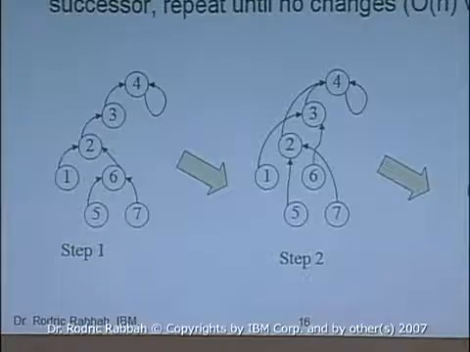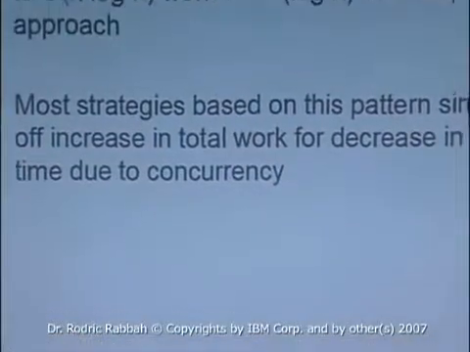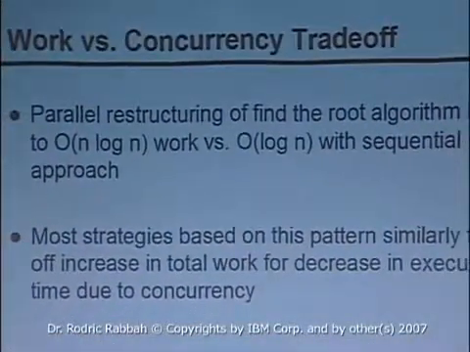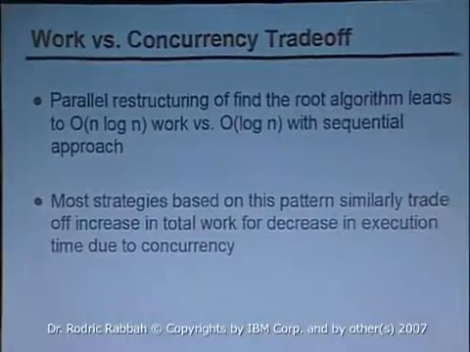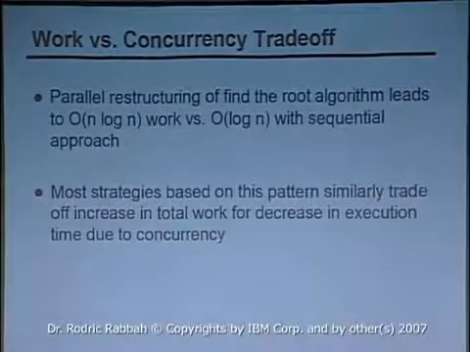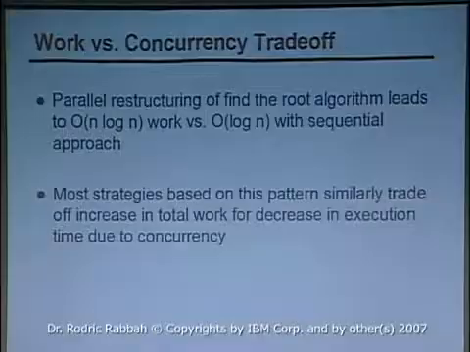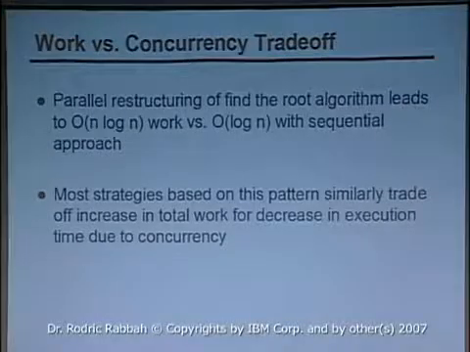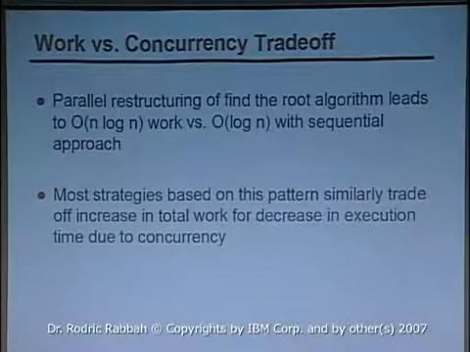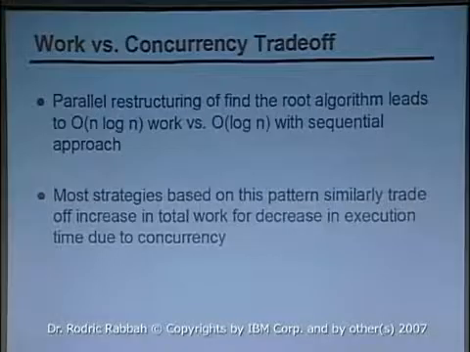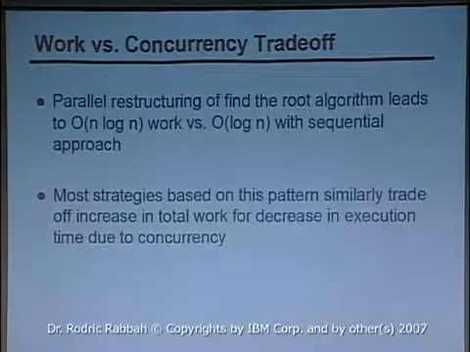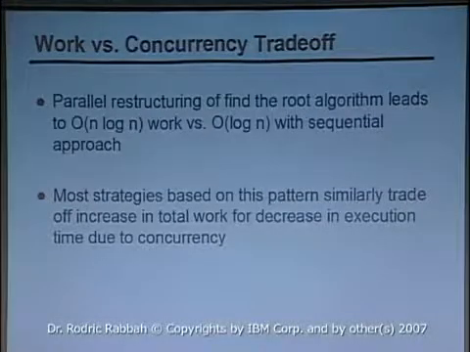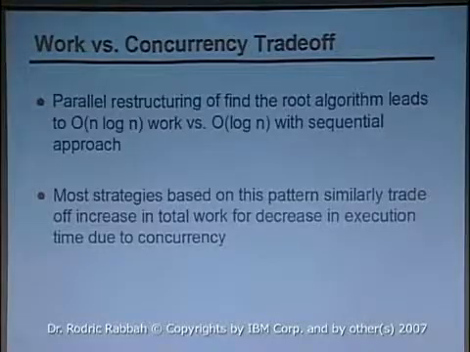But what have I done in each step? I've increased the amount of work that I'm doing by order n. Is that right? Yes, because for each node, I'm doing n queries, asking who's your successor's successor? Whereas in the sequential case, I just need to do it once for each node.